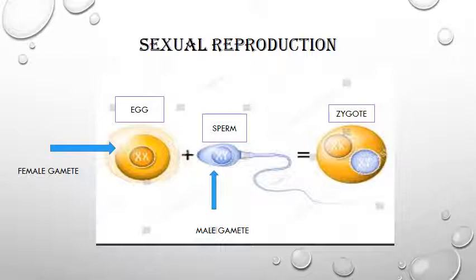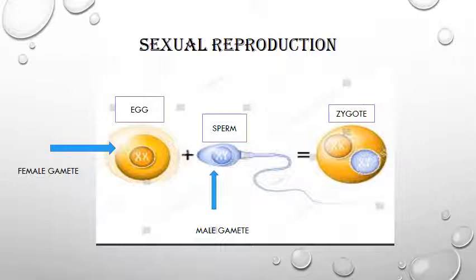Now the zygote divides and redivides and grows into an individual or a baby.